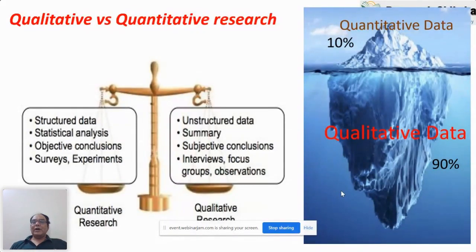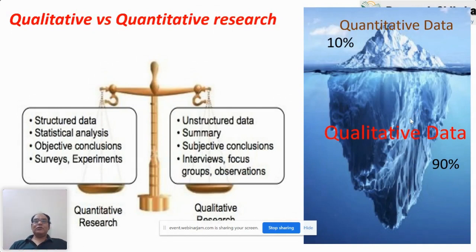And if you compare quantitative data and qualitative data according to availability, you can see in this picture, this is a picture of an iceberg. Only 10% of the iceberg is above the water, which you can see, and 90% of the iceberg is under the water, which you cannot see.